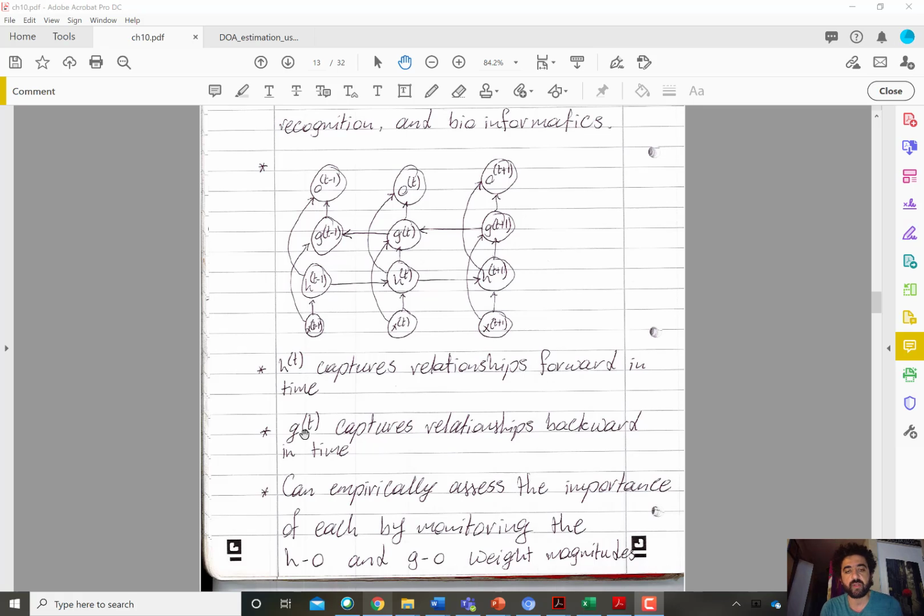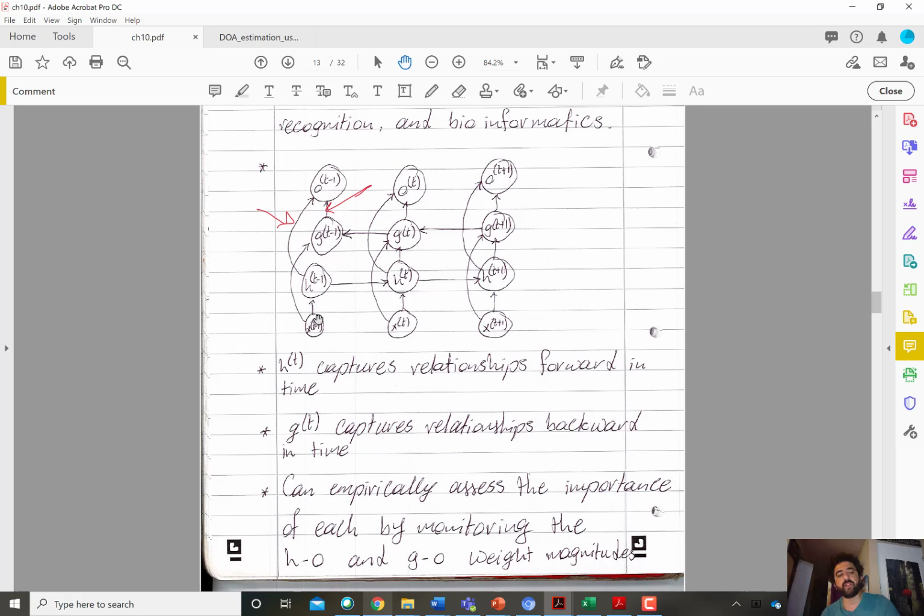are not causal. Now, if you train a network like this, and we will later discuss the challenges with training a network like this, you can empirically assess the importance of each at the end of training, or while training, by monitoring the weights on the HO connections and the GO connections, right?